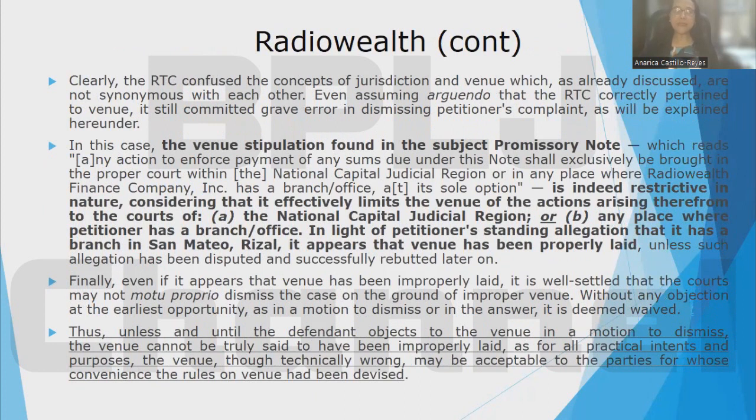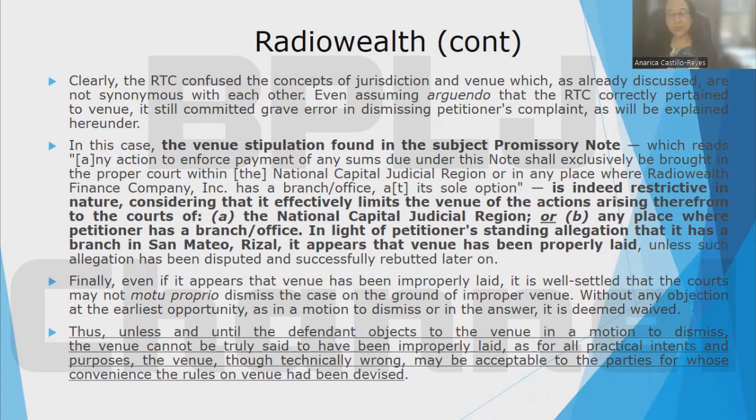In this case, the venue stipulation found in the promissory note is a restrictive stipulation, considering that it limits the venue of actions to the courts of the National Capital Region or a place where Radio Wealth has a branch.